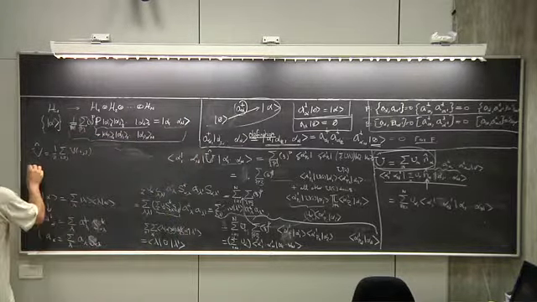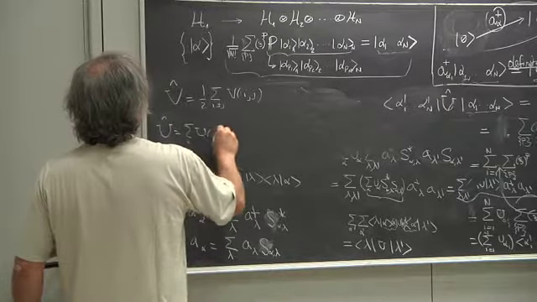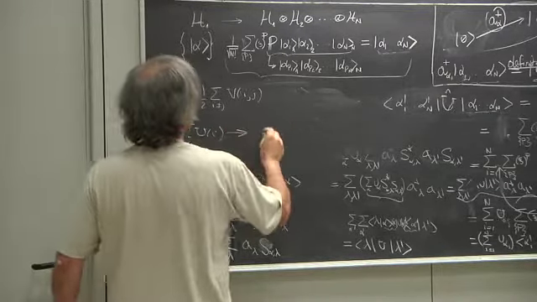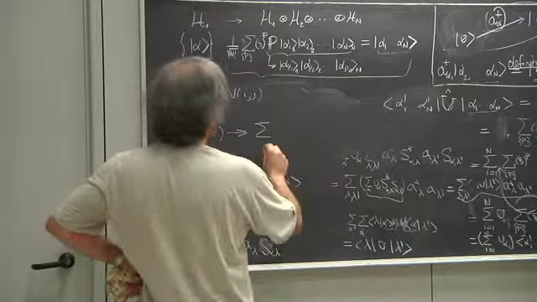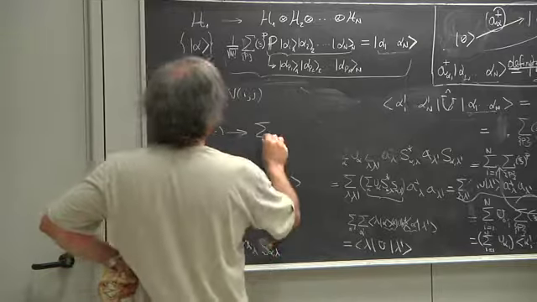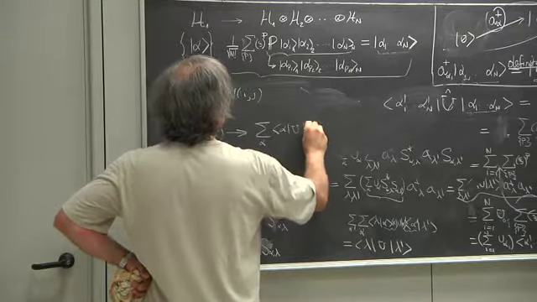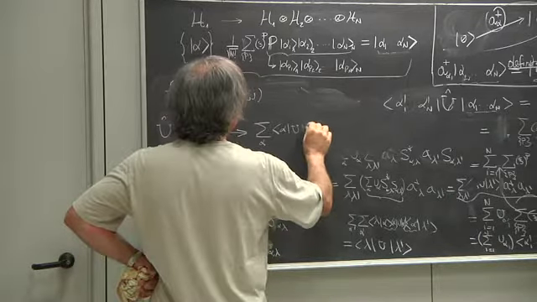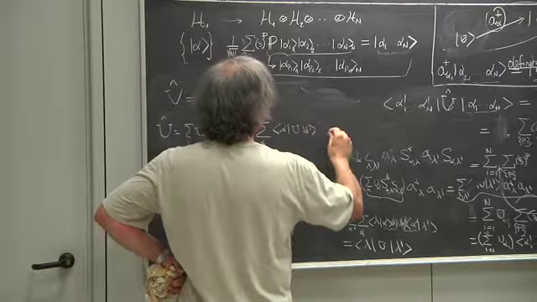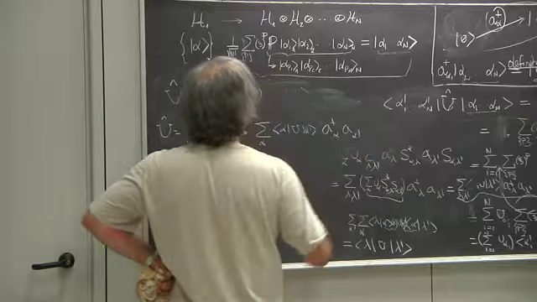If U, the sum over I of Ui in first quantization, is written in general, now calling alpha a general basis, as the sum over alpha, alpha prime of alpha U alpha prime, A dagger alpha A alpha prime.